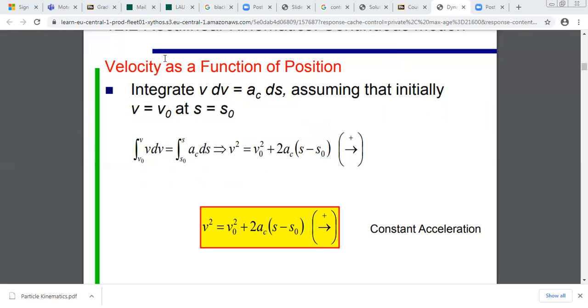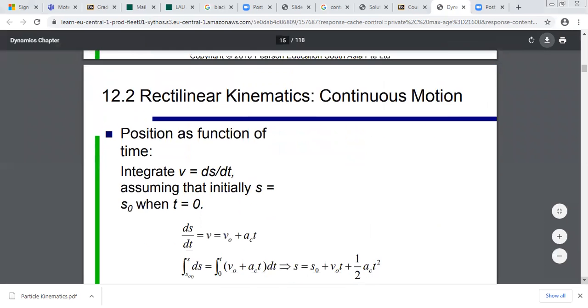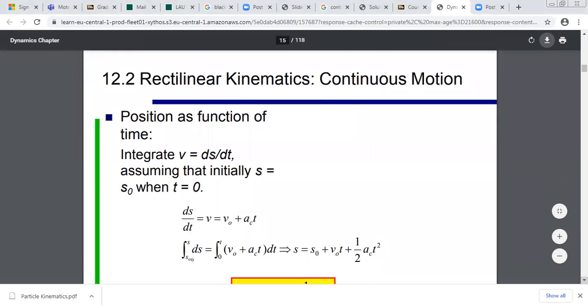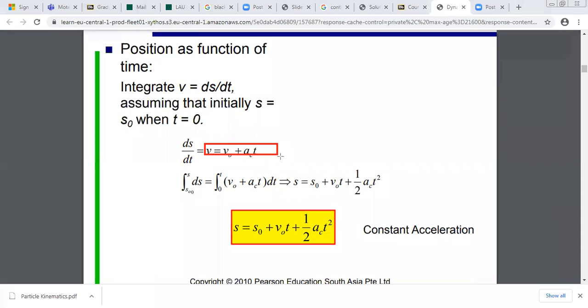Now, another possible relation to find is the expression of position s with respect to time. If you want to find s with respect to time, then you should use the relation involving s and t, which is ds by dt equals v. Okay, and for constant acceleration, we already found that v is v0 plus a constant times t.